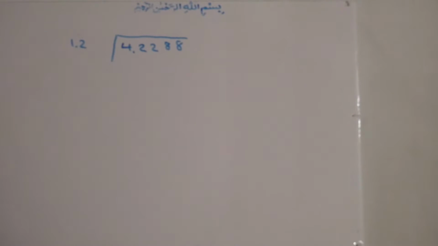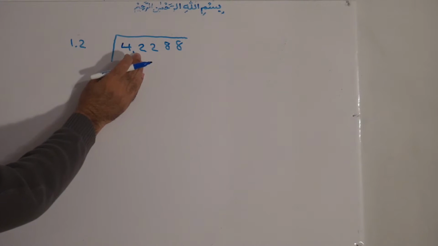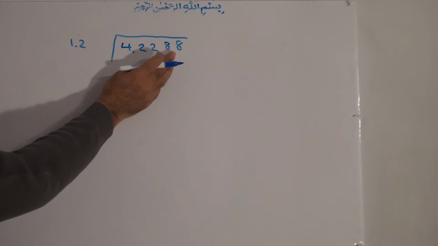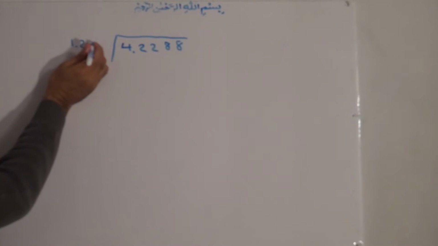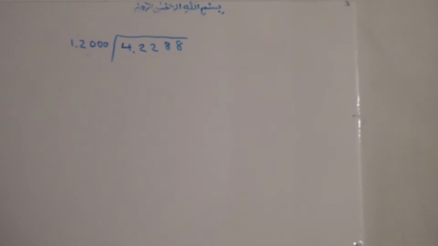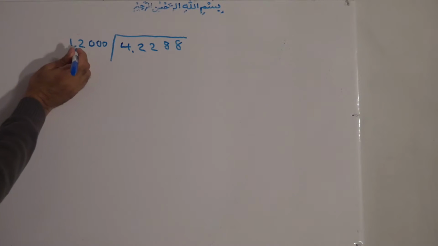Before, in division of decimals, we said that we make the number of decimal places equal. There are 4 decimals here, and 1 decimal there. We write 1.2000. Now there are 4 decimals and 4 decimals.